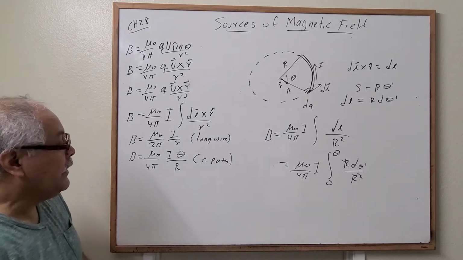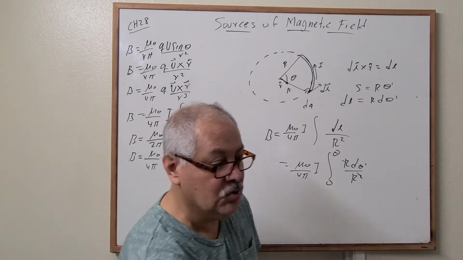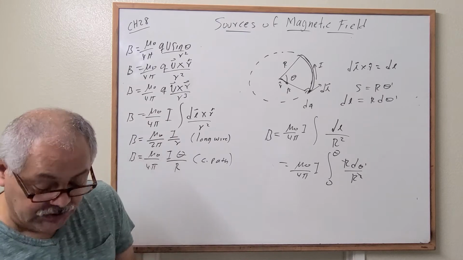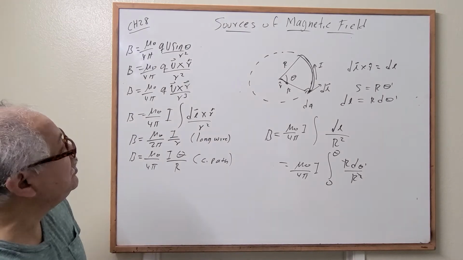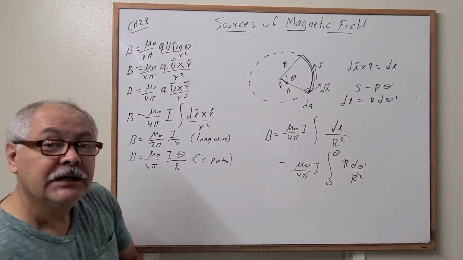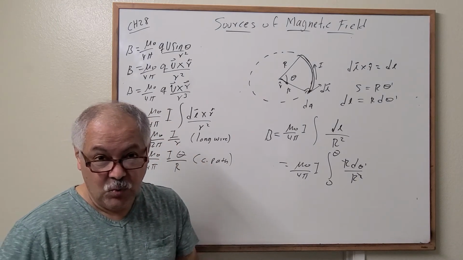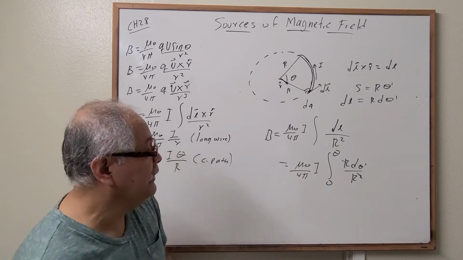Perfect. Now let's go to the case when we have two wires, and we're looking for the intensity of the magnetic field produced by these two wires at any point.